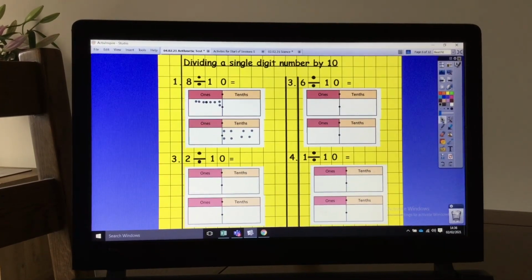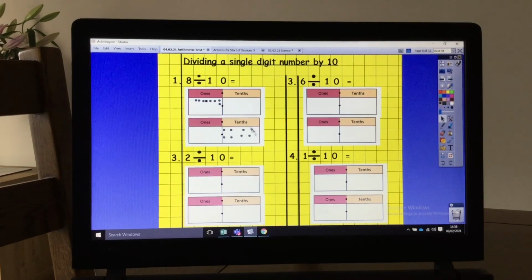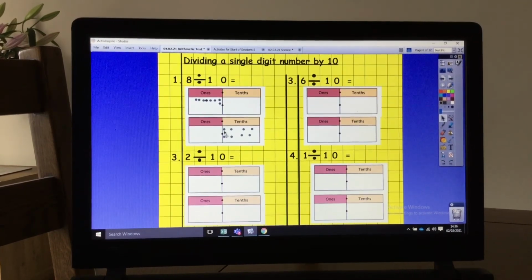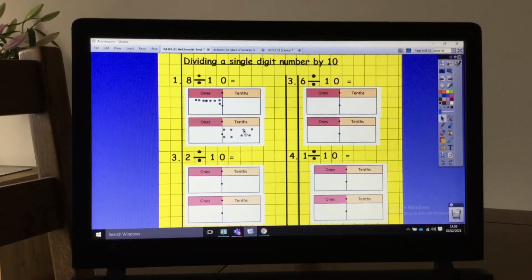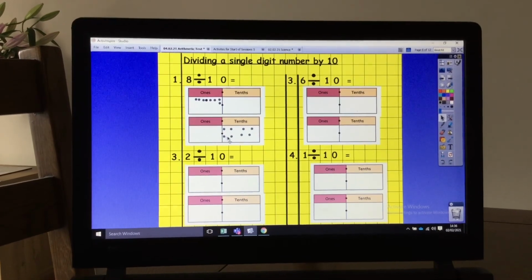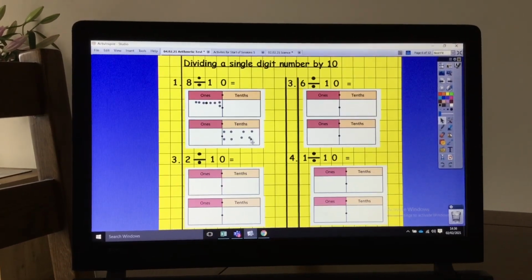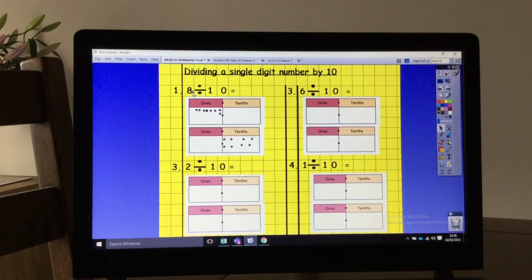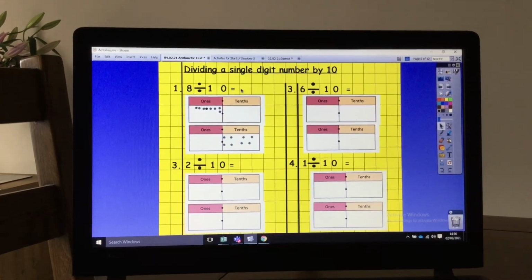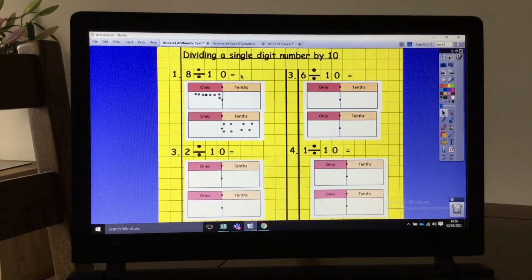Now to check how many tenths I've got here, I'm going to count in tenths. 0.1, 0.2, 0.3, 0.4, 0.5, 0.6, 0.7, 0.8. So my answer to 8 divided by 10 would be 0.8.